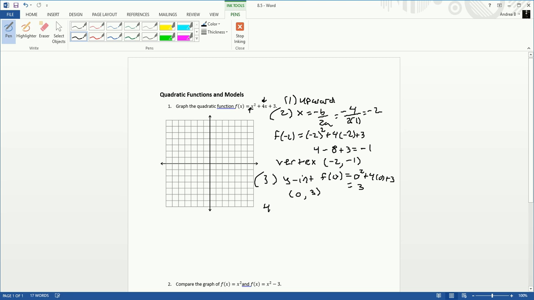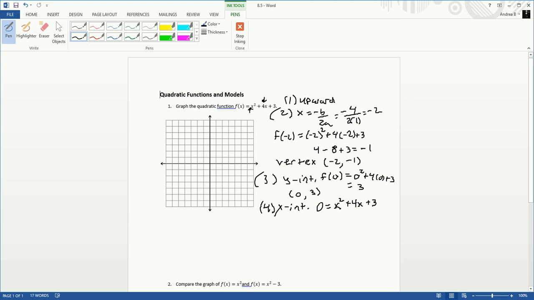And then we can figure out our x-intercepts. To figure out our x-intercepts, which we'll abbreviate once again as int for intercept, we have to plug in 0 for y instead, or 0 for that f of x function. So then we'd have x squared plus 4x plus 3.